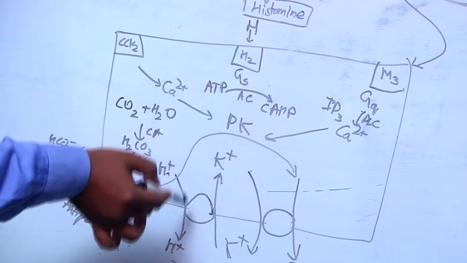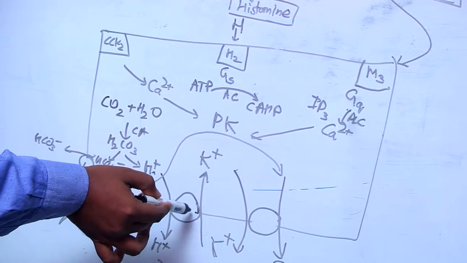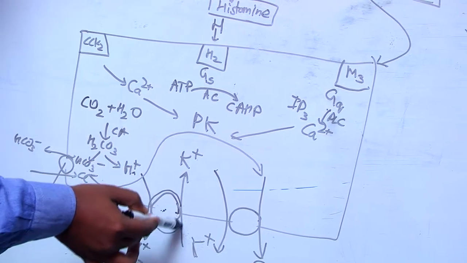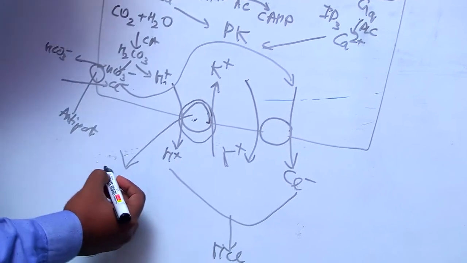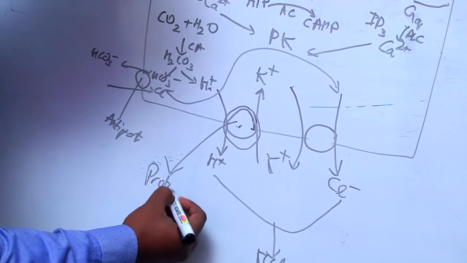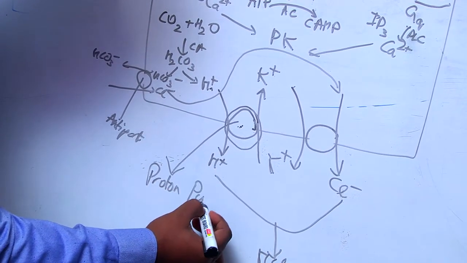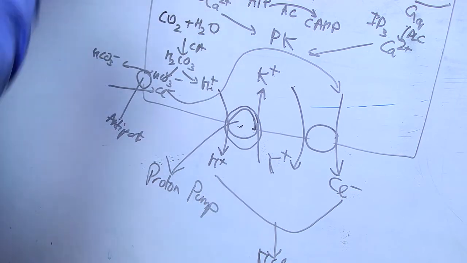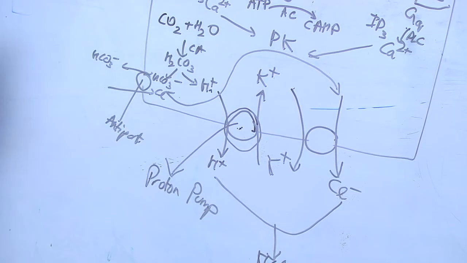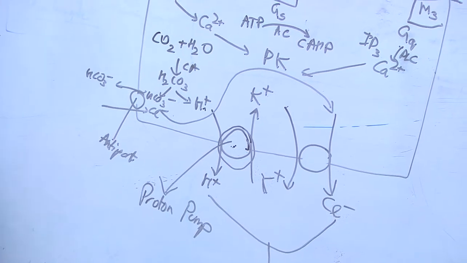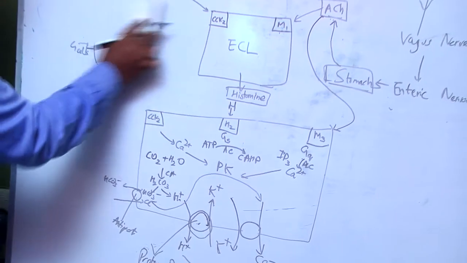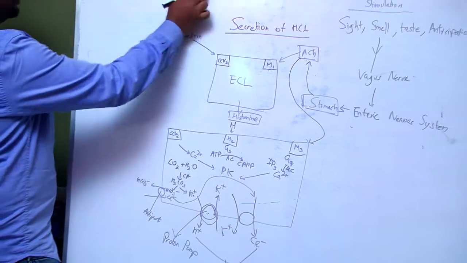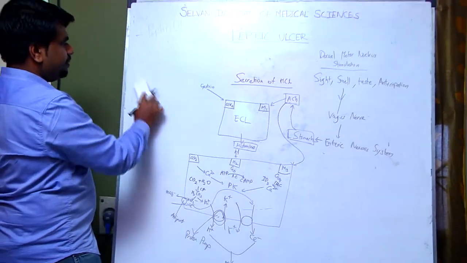This protein kinase is vital to the functioning of this channel as such. So this channel is what we call the proton pump, right? So what happens in peptic ulcer is what we are going to see next. So please keep this in mind and we will go into what happens in peptic ulcer.